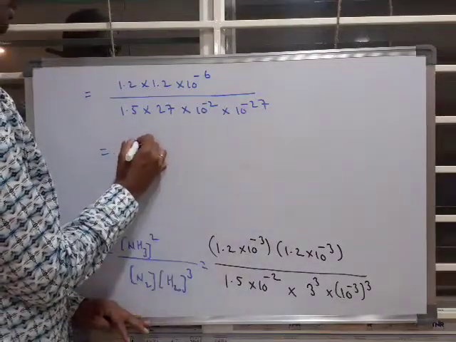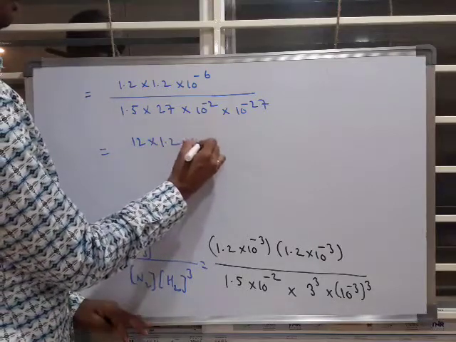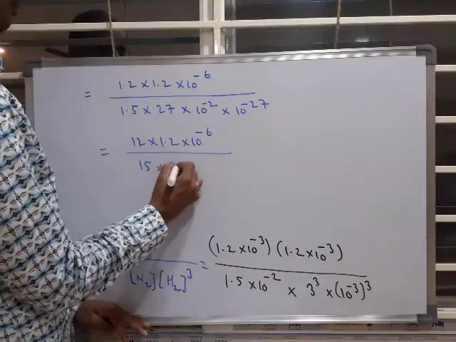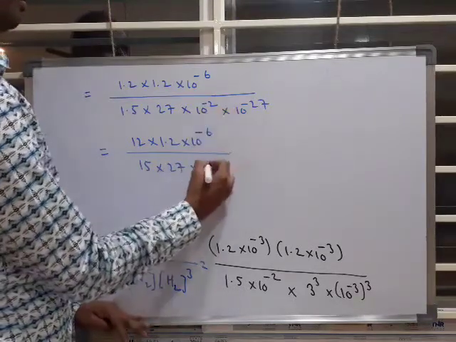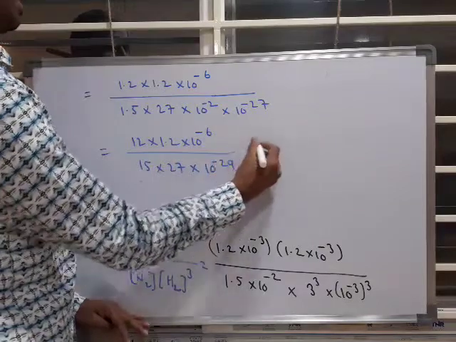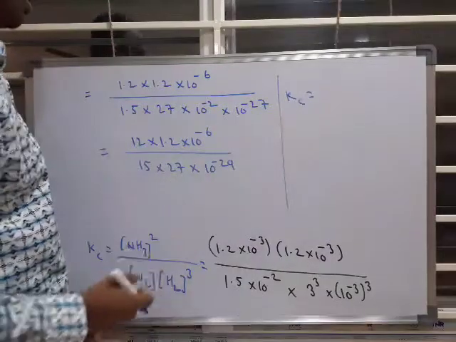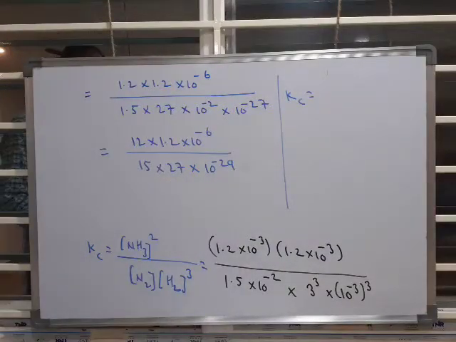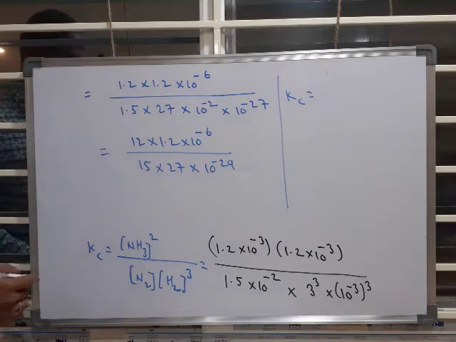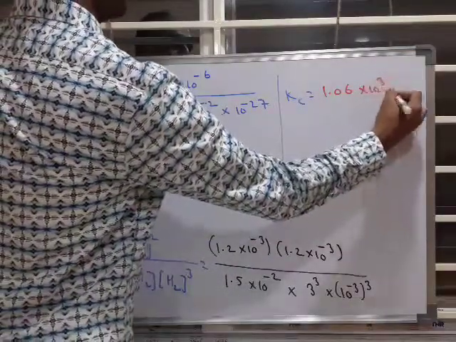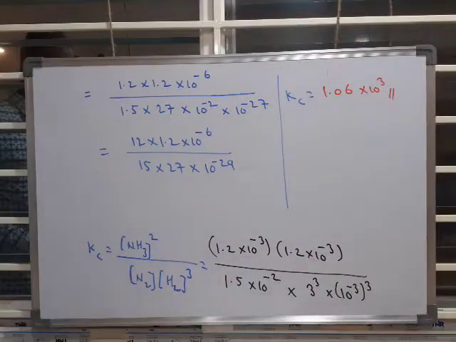So here make it 12 into 1. So minus 2. It's 29. So on overall calculation, just simplify. We will get 1.06 into 10 power 3. Okay.